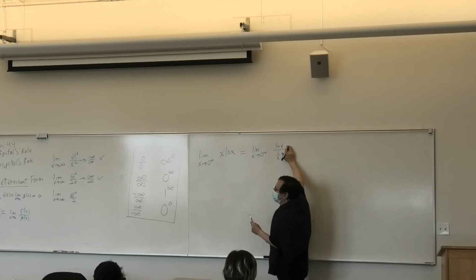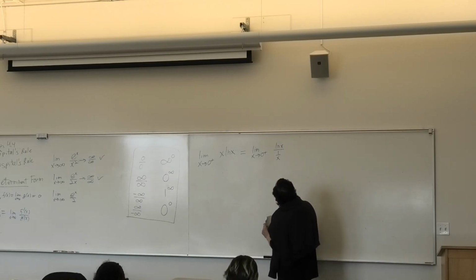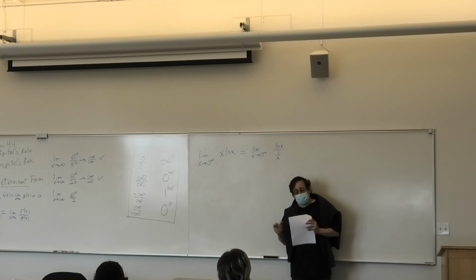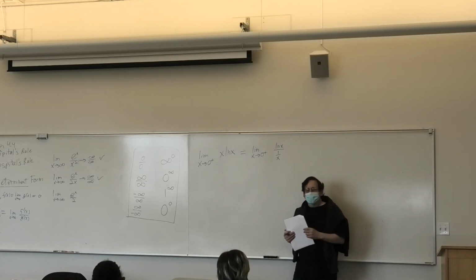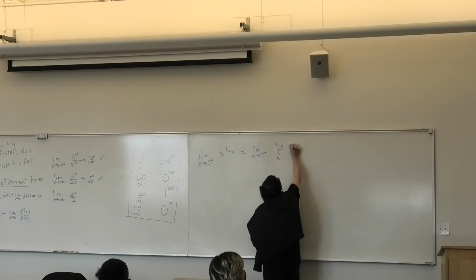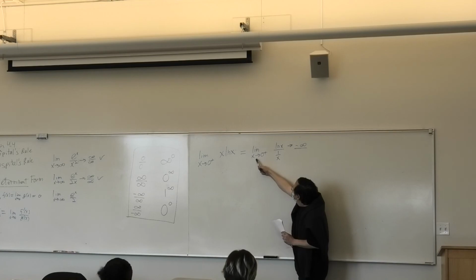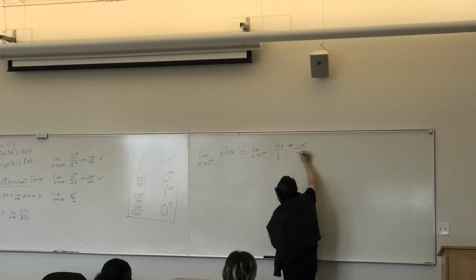What does the natural log go to as x goes to 0? The log of 0 is undefined. You're thinking the log of 1 goes to 0. This is the opposite. This is going to negative infinity. As x goes to 0, what does 1 over x go to? It goes to infinity.